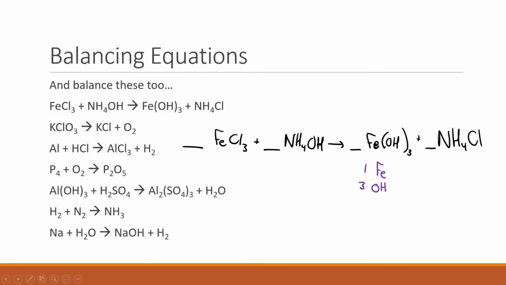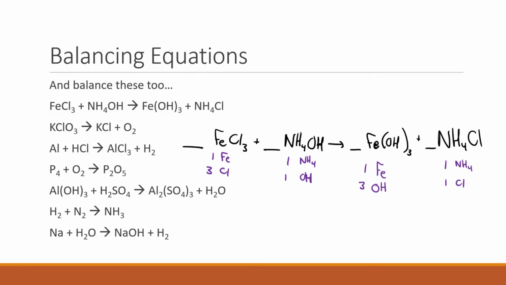You can say this is 1 iron and 3 hydroxides. Same thing goes for this NH4, which is a little harder to spot, but is still a polyatomic ion. You can say this is 1 NH4 and 1 chlorine. Here you have 1 NH4 and 1 hydroxide. 1 iron, 3 chlorines.